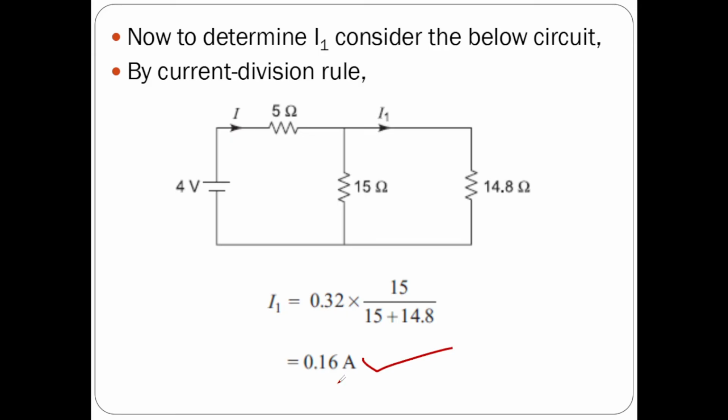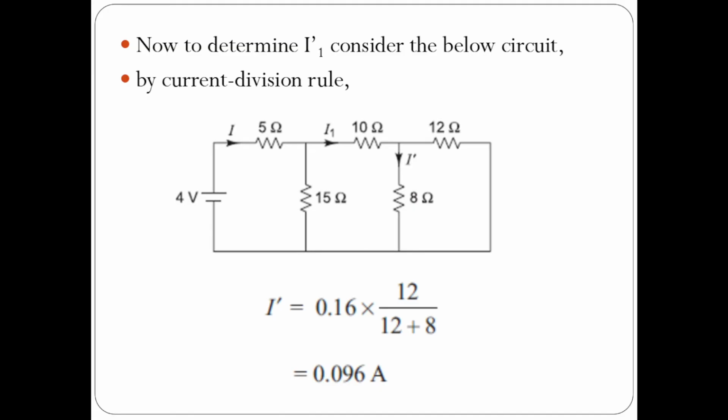Now I know I1, I can determine I dash. What is I dash? That is the current flowing through 8 ohms. This is what is asked in the question. The total current entering this junction is I1, so I dash is obtained from I1.